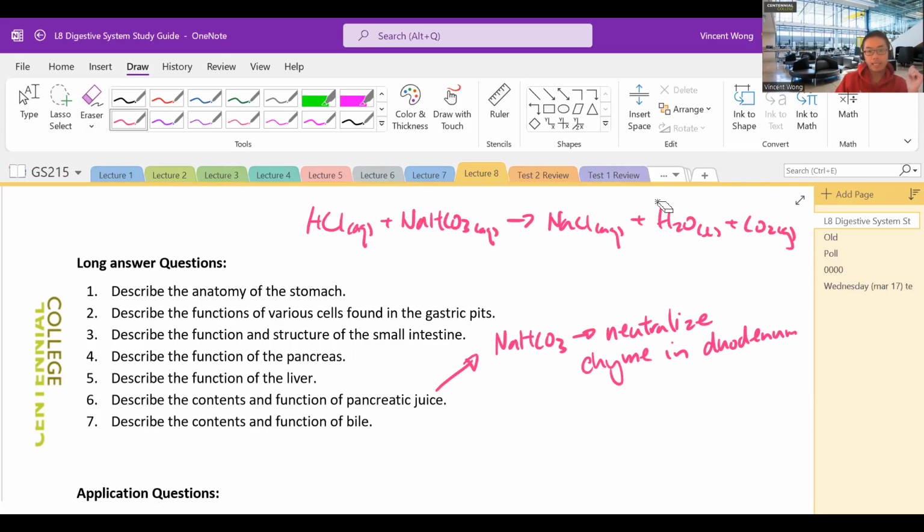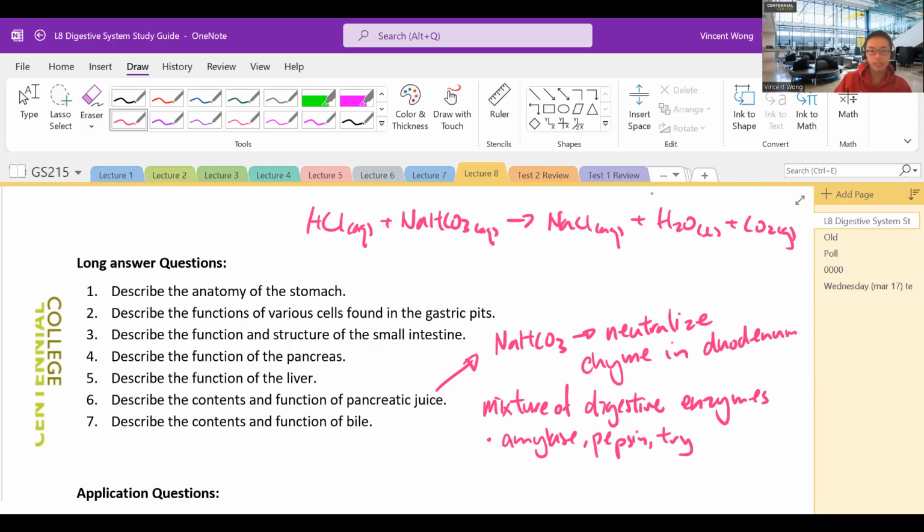And in addition to the NaHCO3, there is a mixture of digestive enzymes. There are at least 28 of them, but we just have to know the basic ones, like amylase that we talked about, pepsin, trypsin, and lipase.